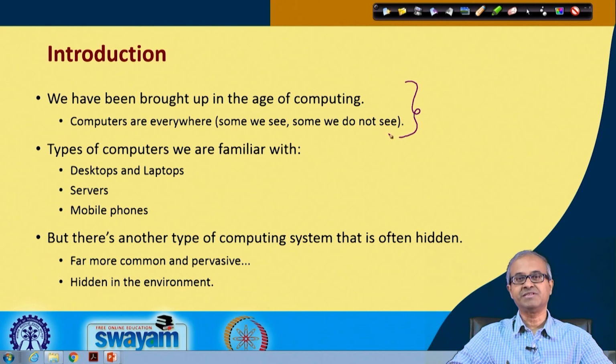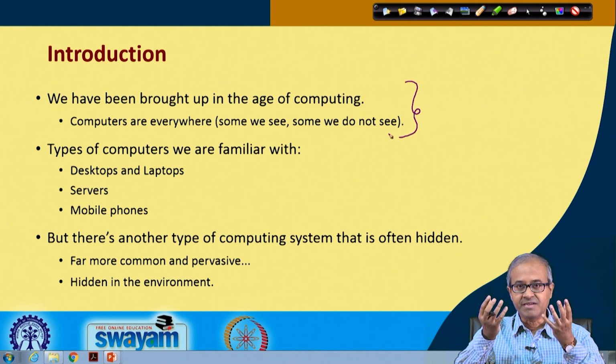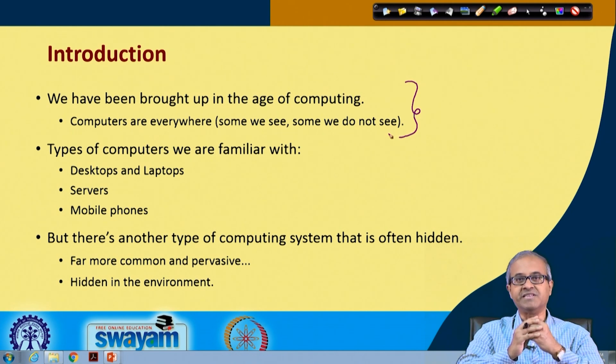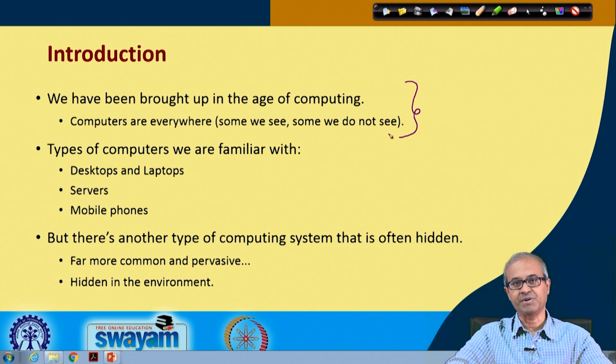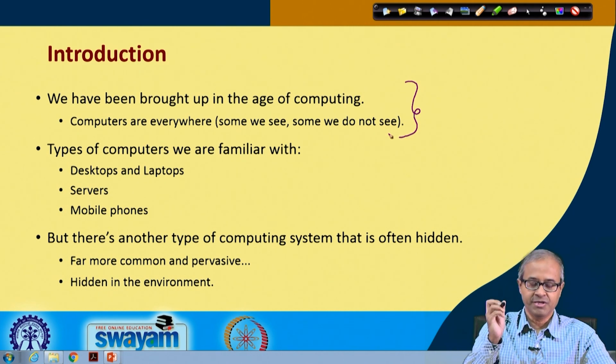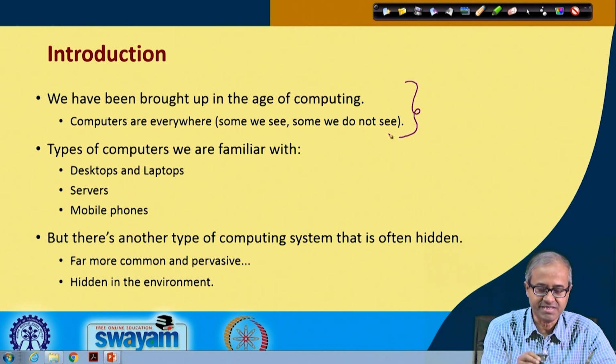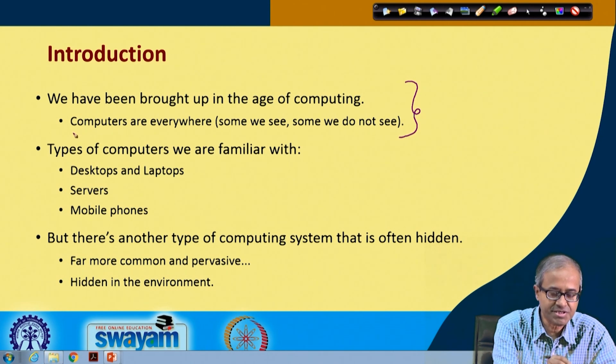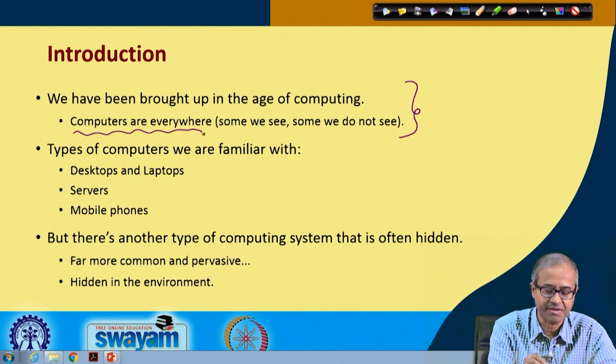The scenario was not the same 4 or 5 decades back, but there has been a fantastic proliferation of electronics, computing systems, and low power devices, and various kinds of advancements have taken place over the years. So, the first thing I want to emphasize is that computer systems are everywhere today.